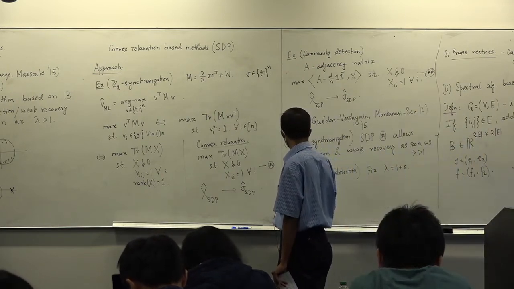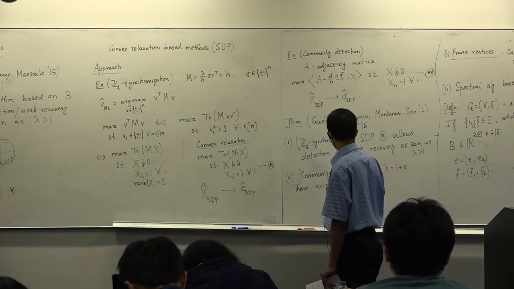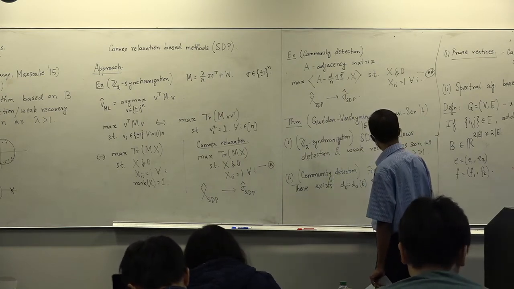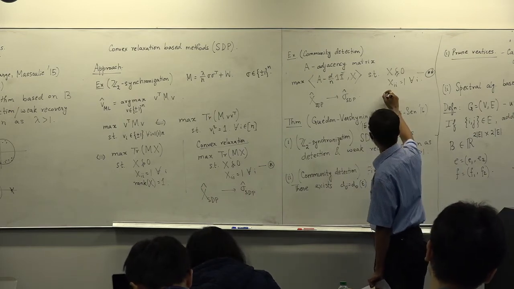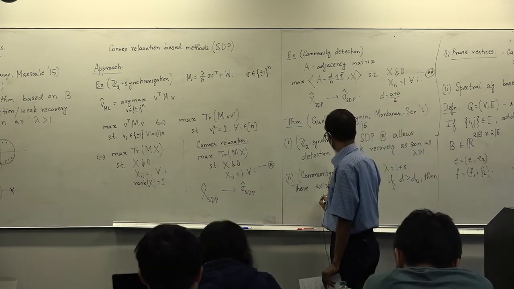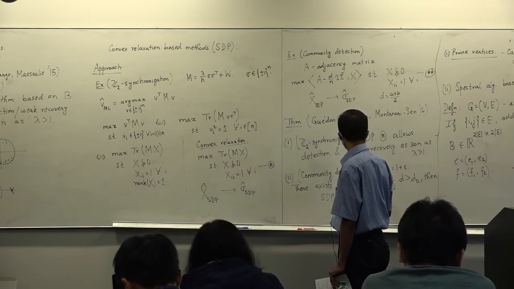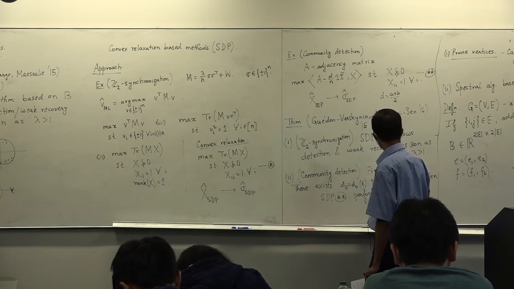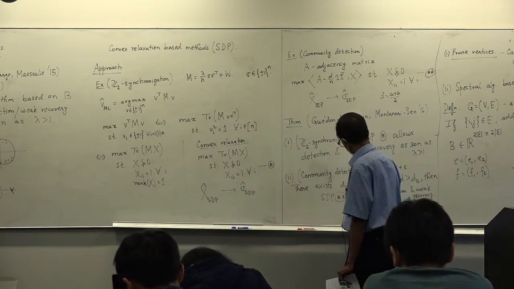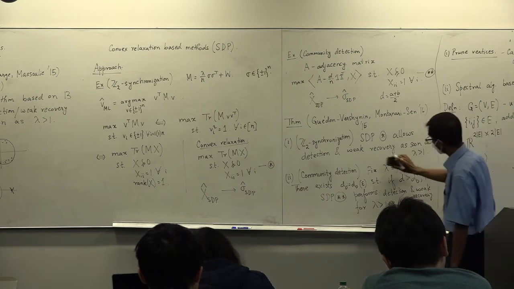Then there exists some d naught, which is a function of epsilon, such that if d is bigger than d naught, recall that d is again the average degree, then SDP double star performs detection and weak recovery for lambda bigger than 1 plus epsilon. I should just say here, fix epsilon positive.